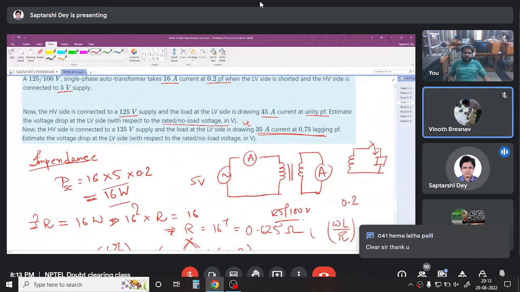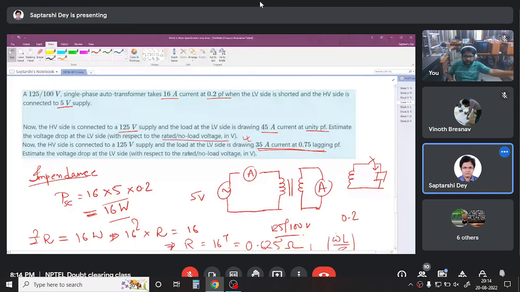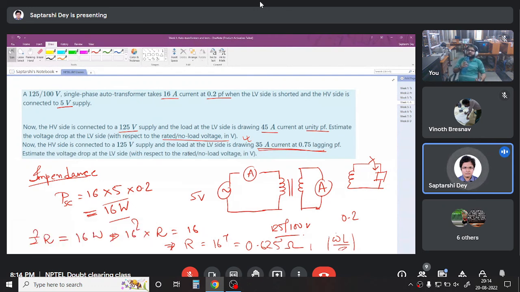See, second problem, what they have done is they have done one short circuit test. And the short circuit test data has been given: 16 ampere, 0.2 power factor at 5 volt. Now, can you tell me when short circuit test is performed, what power does the transformer draw? Copper loss, sir. Rated copper loss.